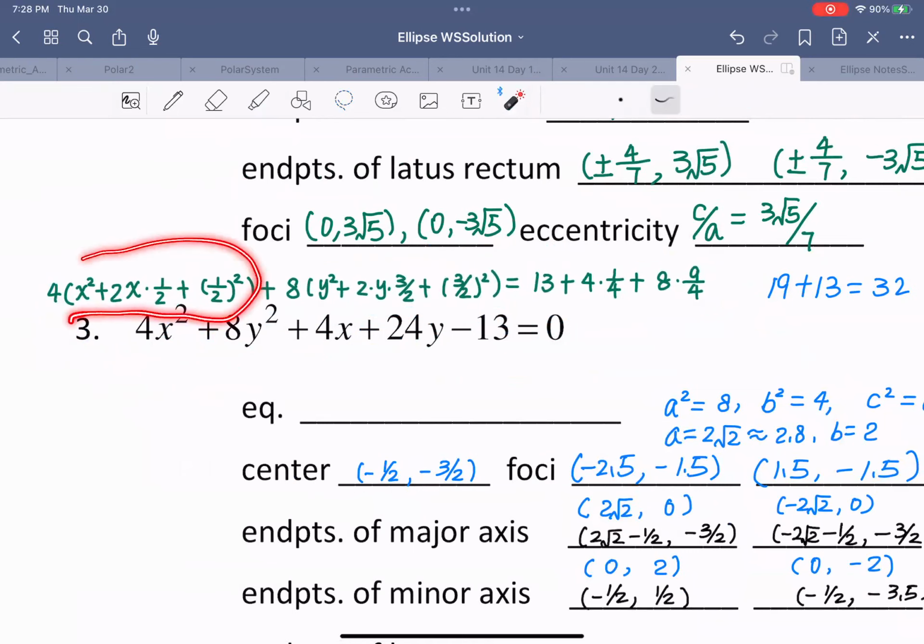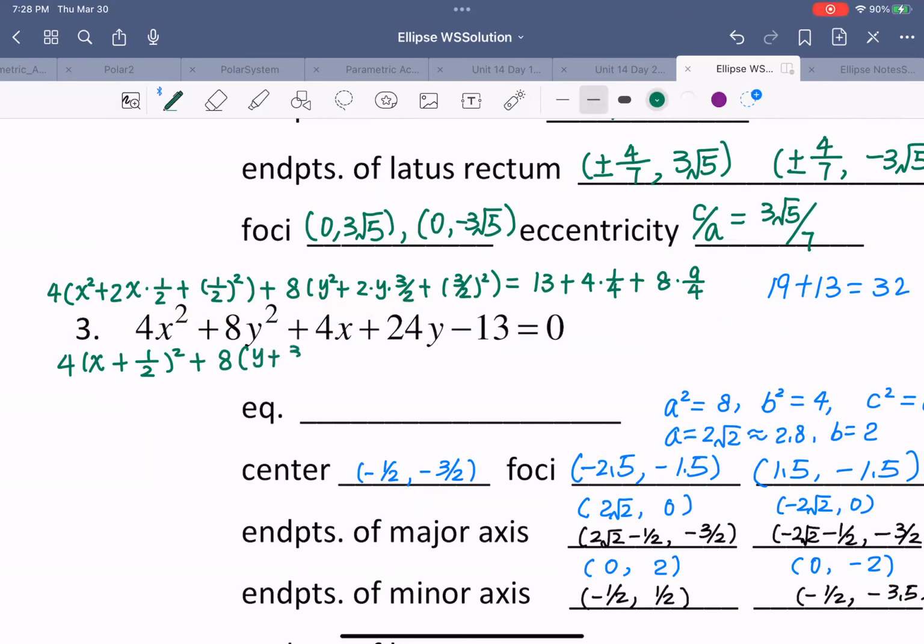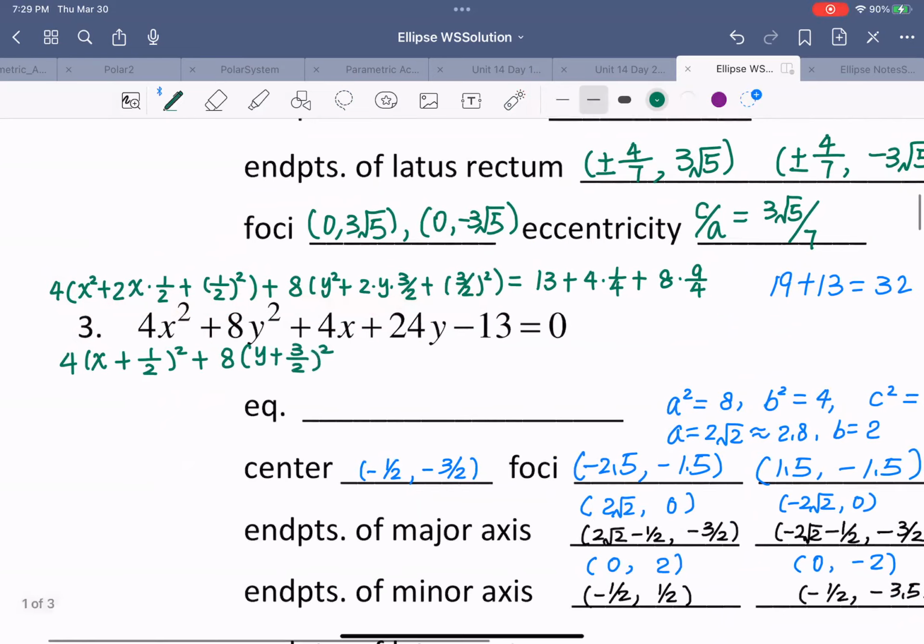Now tell me, who is this then? This is a plus b, right? It'll be x plus 1/2 squared plus, who is this? Plus y plus 3/2 squared. This is 1, yes?